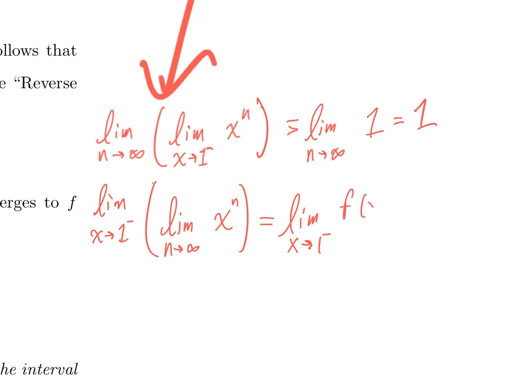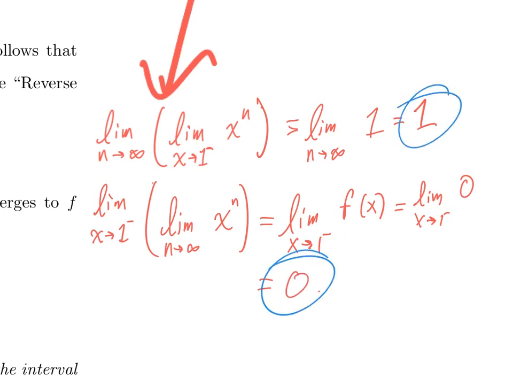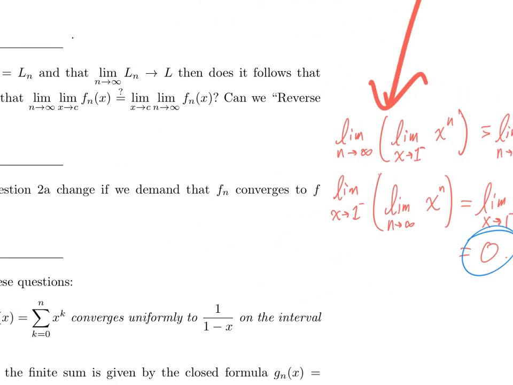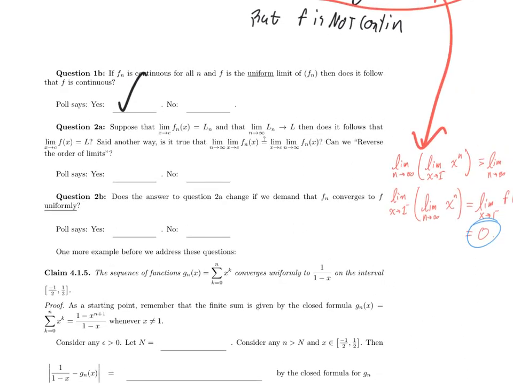So I'll get this limiting function f of x, but f of x for every x value that's less than 1 is 0. So that's the limit as x approaches 1 from below of 0. That's just 0. And you can't get much more different than that. I guess you could say plus infinity, well, whatever. So are they the same? No. So there's a counterexample.